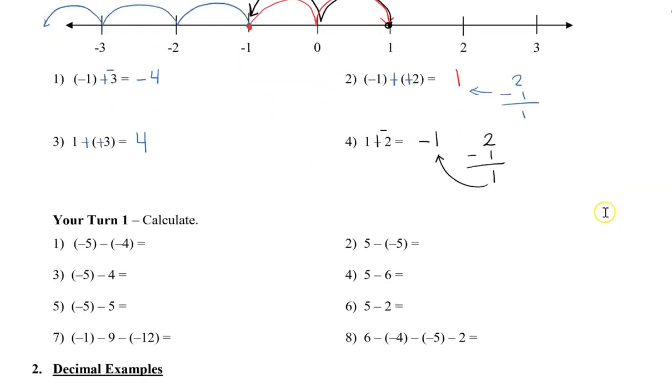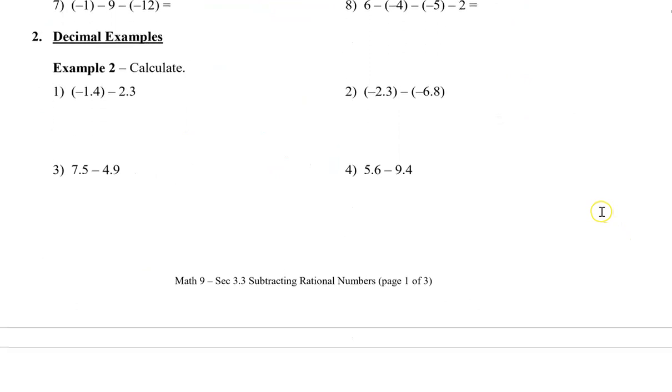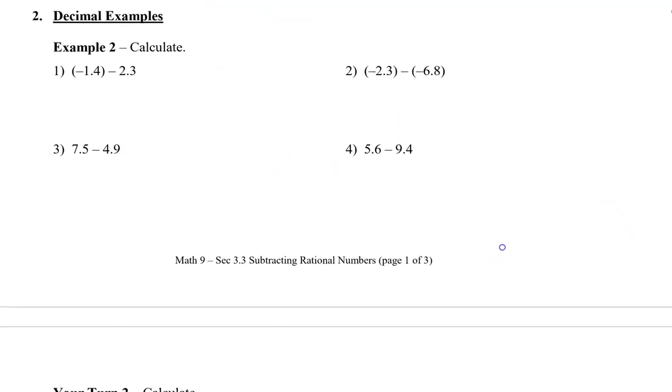All right, so let's now go into our decimal examples. Here we have -1.4 minus 2.3. To make it easy, we're going to change the minus to a plus, and then put a minus sign beside the 2.3. So now I have -1.4 plus -2.3.